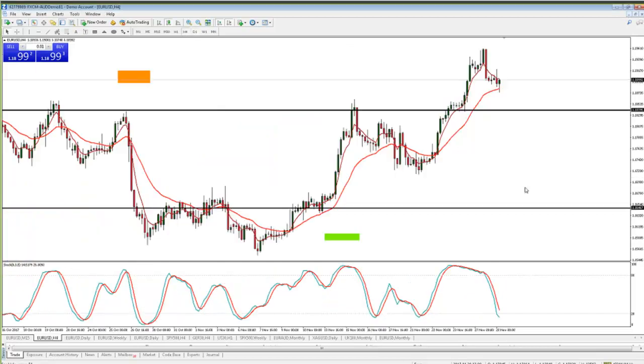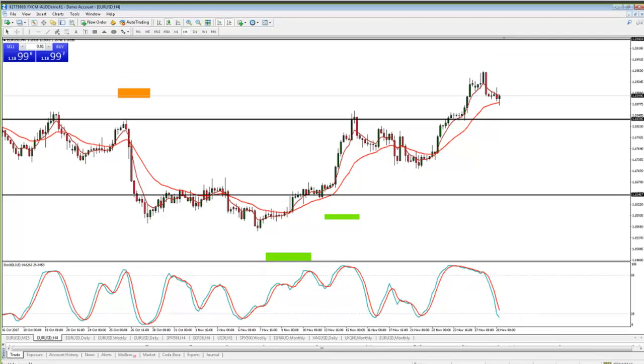So let's cruise to 4 hour very quickly. 4 hour stochastic hard down. So daily up, this is clearly in a little uptrend on a short-term daily basis, but we're running into that long-term resistance with the weekly chart ultimately pointed down, but the daily chart pointed up.